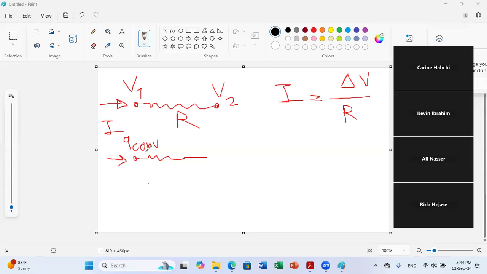So I have Q convection going through a resistance to convection first, and this Q convection is added to Q radiation through a resistance in parallel. And these two fluxes of convection and radiation will be added together to be transferred through the envelope by conduction.